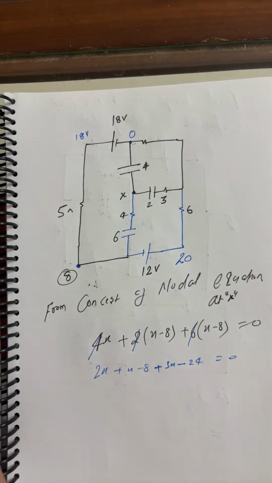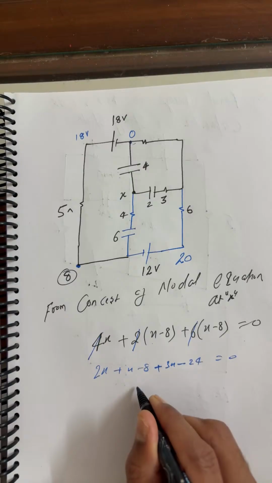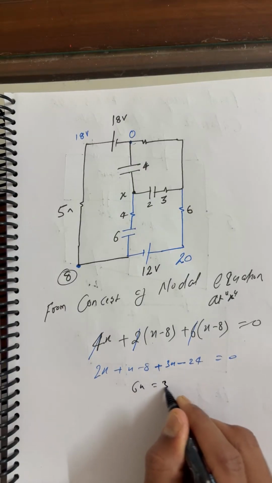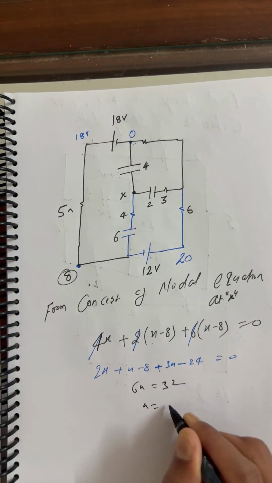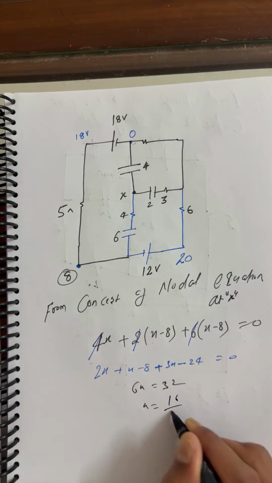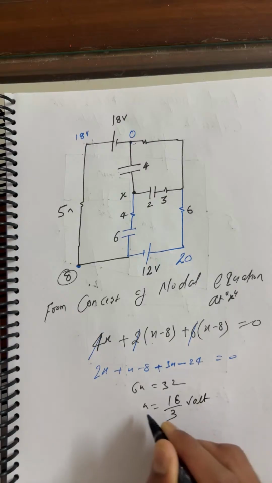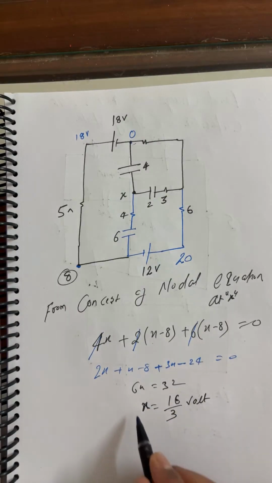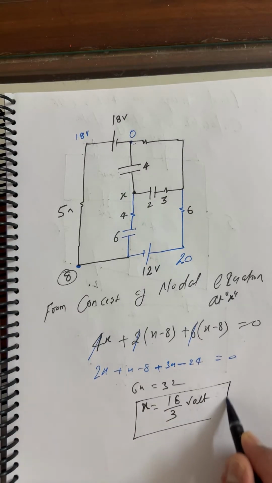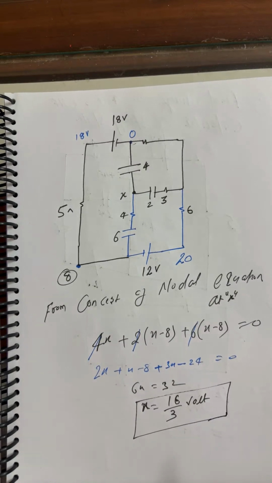So further you can write, student, 6x is equal to 32. x you will get 16 by 3. x is 16 by 3 volt.